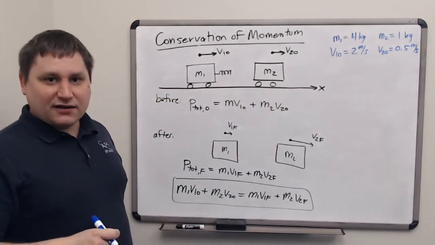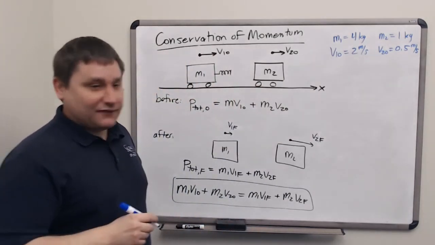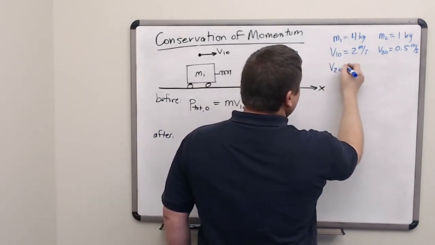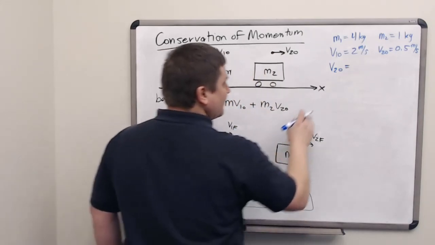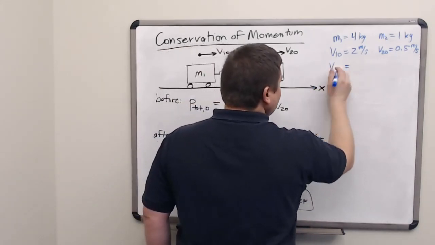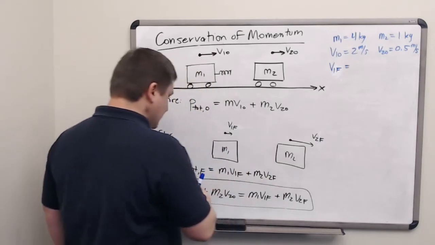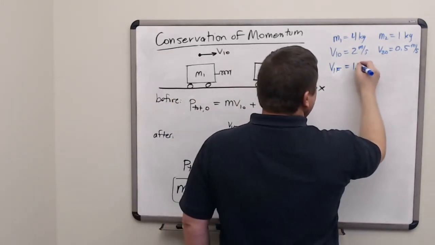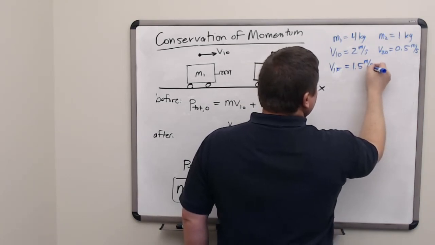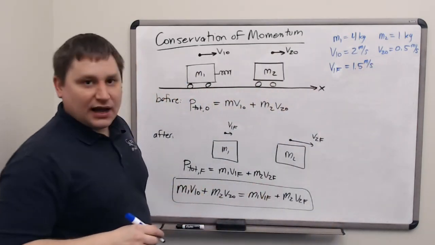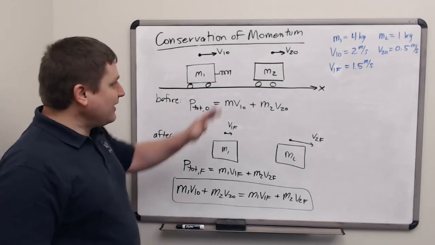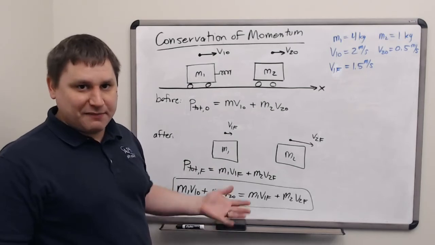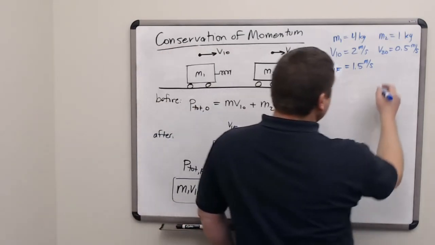I'll make up that I measured one of the final velocities. Let's say I measured V1f, so the velocity of cart 1 after the collision. Let's say I measured this to be 1.5 meters per second. And so the question is, based on these knowns and this measurement, how fast must cart 2 be going after the collision?